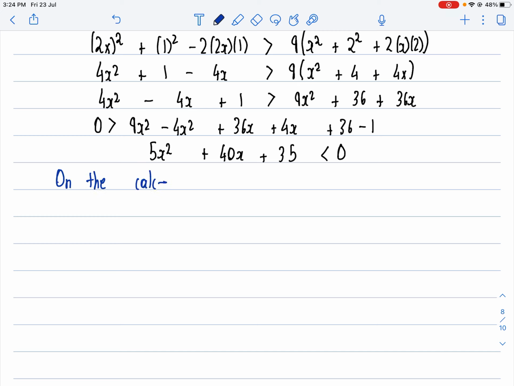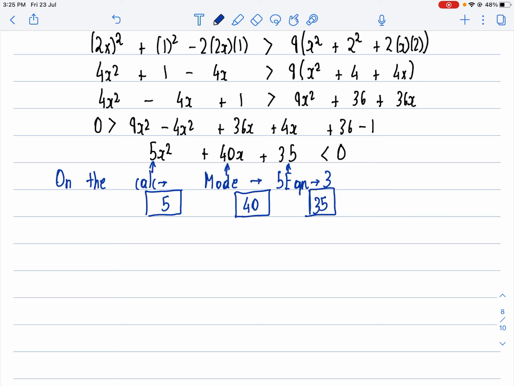what you can simply do is go to mode. When you go to mode, you can go to 5 where equation is written. When you go to 5, you can click on 3. So you basically get 3 coefficient boxes. In the first box, put the coefficient of x square, which is 5. In the second box, put 40, which is the coefficient of x, and in the last one, put the constant, which is 35.